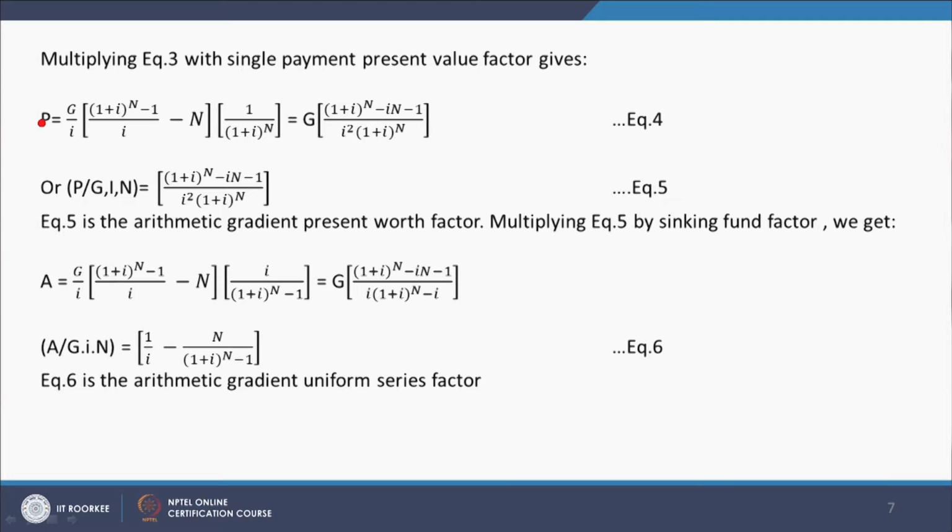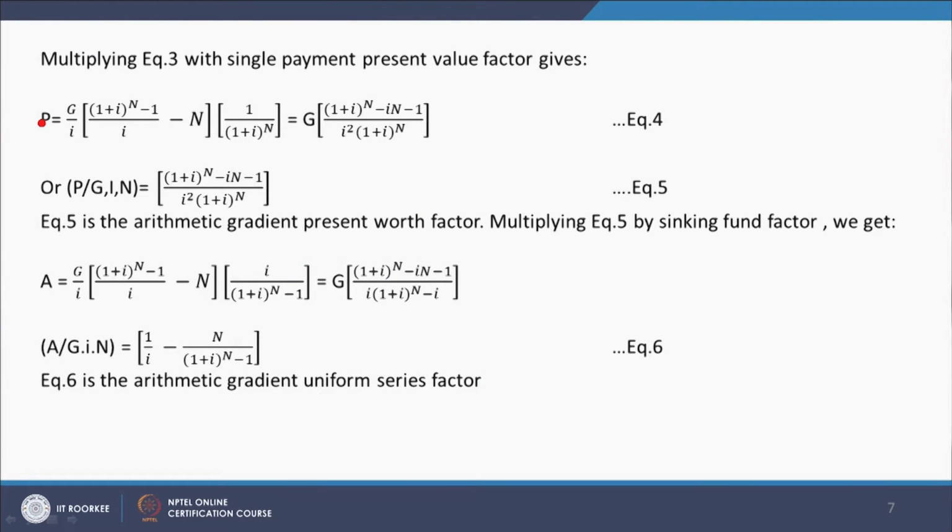Now, if we want to find the present value of this gradient cash flow, then P is equal to G by i into (((1 plus i) to the power n minus 1) divided by i minus n) into 1 by (1 plus i) to the power n. Now, this multiplied by P is the F, that is the final value, and hence we can calculate P is equal to G into ((1 plus i) to the power n minus i n minus 1) divided by i square (1 plus i) to the power n.